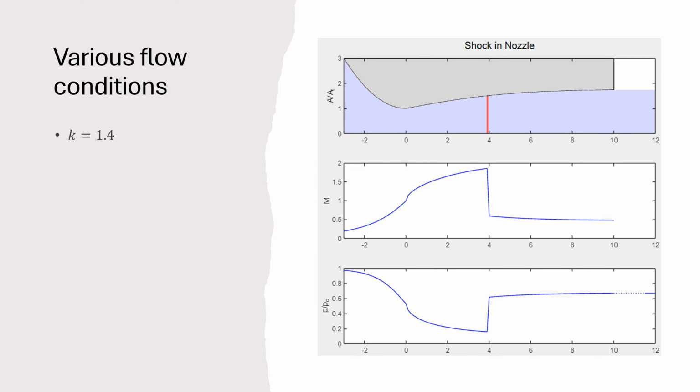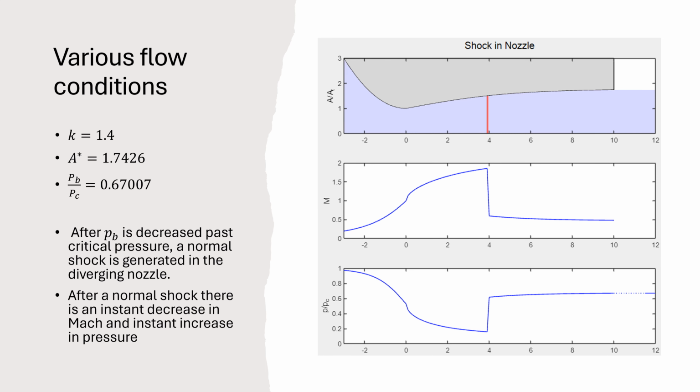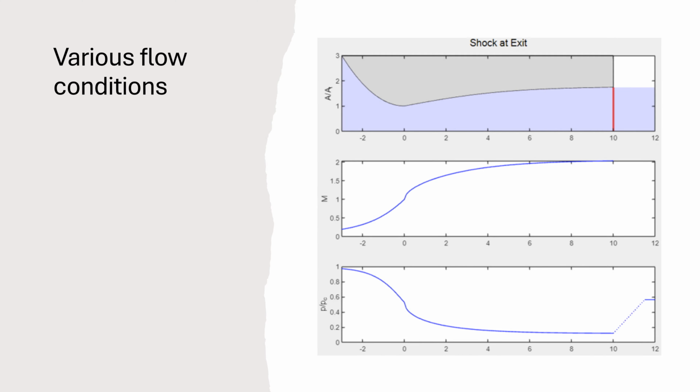Continuing to decrease the back pressure, essentially what you will get is a normal shock in the diverging nozzle. The main takeaway here is there is almost an instantaneous decrease from supersonic to subsonic after you cross the normal shock wave, and the pressure increases as well.